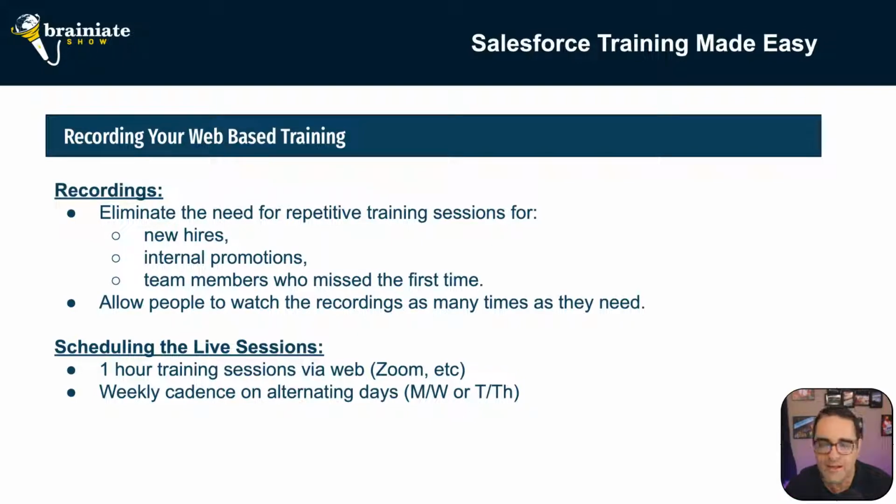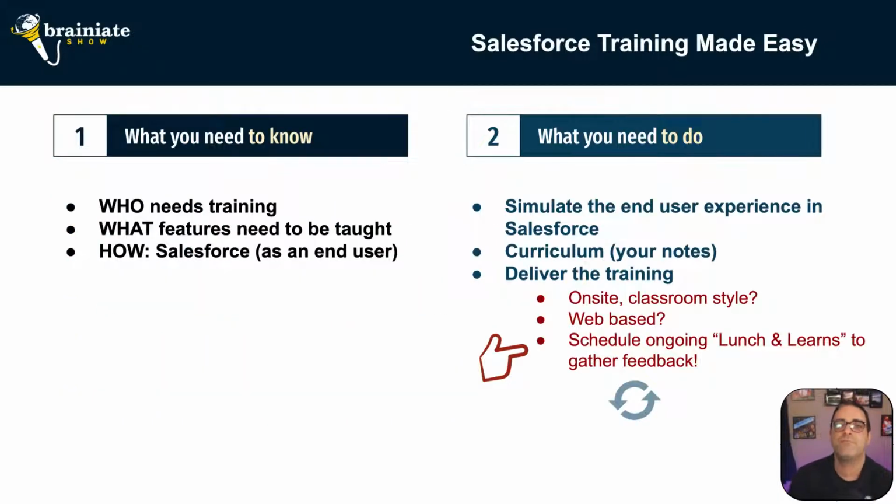Don't make it consecutive days, because if you do that, people are still going to be overwhelmed from the Monday session, and Tuesday they're not going to be able to process anything. So choose a Monday, Wednesday schedule or a Tuesday, Thursday schedule, and just keep doing it until you're done with your entire curriculum, till you've covered all of the material that they need to learn to do their jobs in Salesforce.